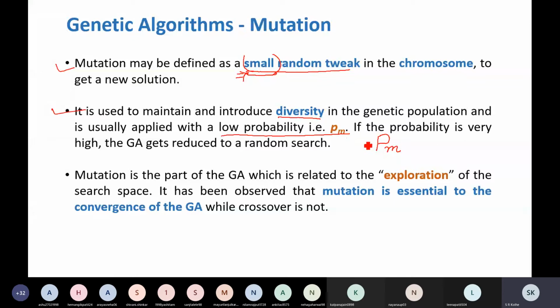If the probability is very high, the genetic algorithm gets reduced to random search. Understand the meaning of this? If this probability is high, that means you are going to mutate more bits in the solution, then that will be a random search. So that will generate a solution which will have nothing to do with the previous solutions.